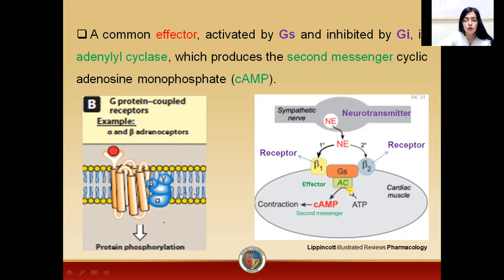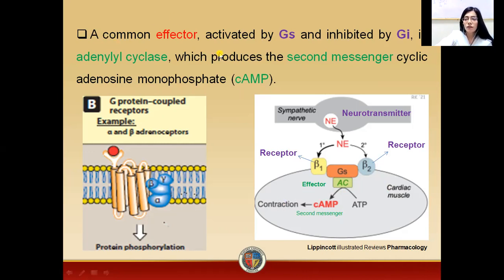As a result of activation of this enzyme, there is formation of cyclic AMP, the second messenger, from ATP. As a result of this second messenger, there will be a biological response, and in the case of this cardiac cell, the response is contraction.